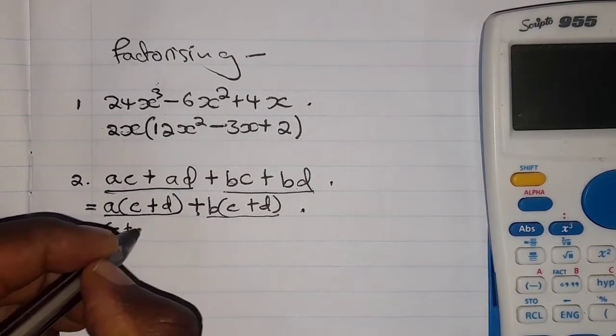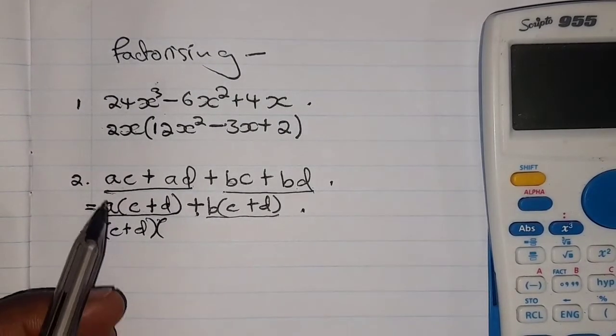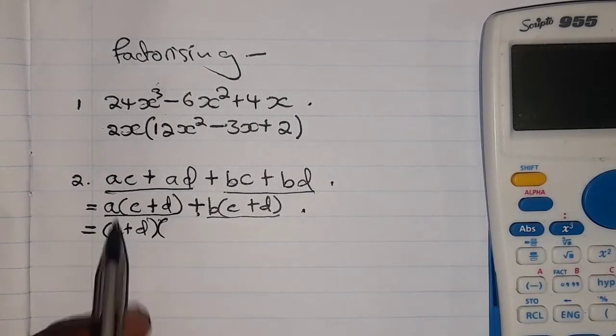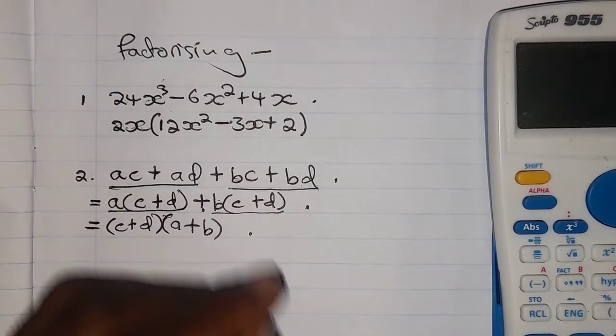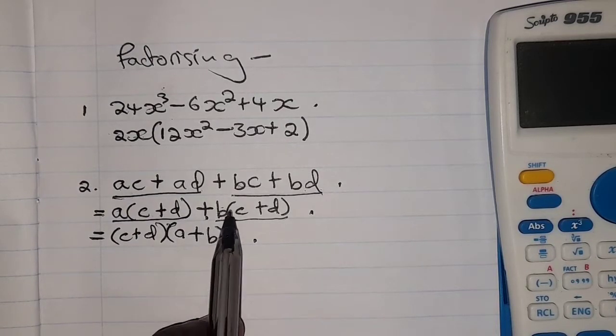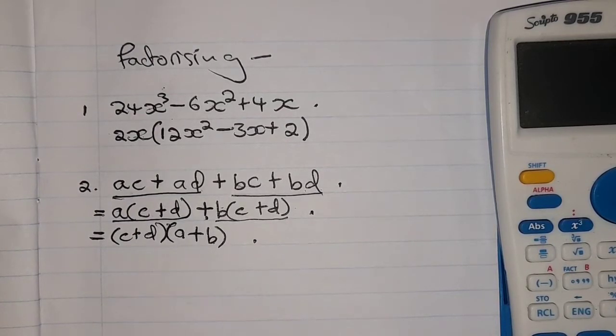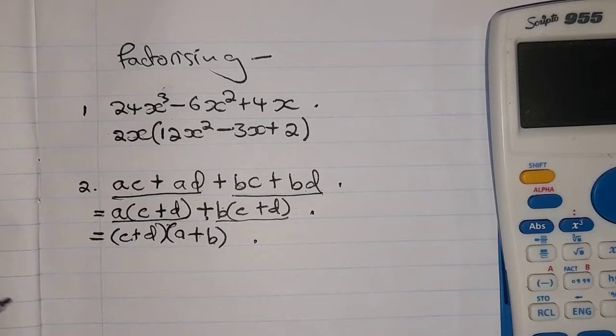It's C plus D, and then the remaining bracket is left with an A and a B. We have removed an A from this term, a B from this term to create this bracket. So these two brackets are the two factors of this expression.